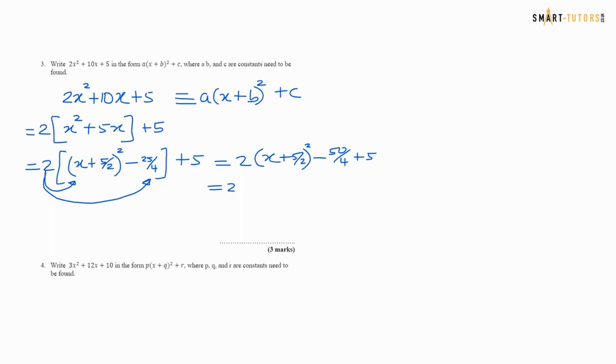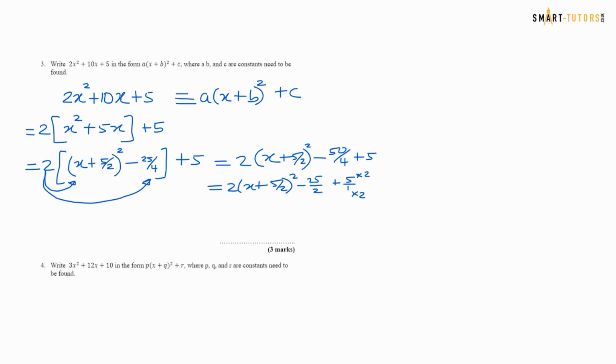I'm treating this question as a non-calculator paper. I haven't used the calculator at all. Sometimes this question may come on the non-calculator paper, so try to work with fractions. 50 over 4 is 25 over 2, so minus 25 over 2 plus 5. The 5 means 5 over 1, so I'm going to multiply top and bottom by 2.